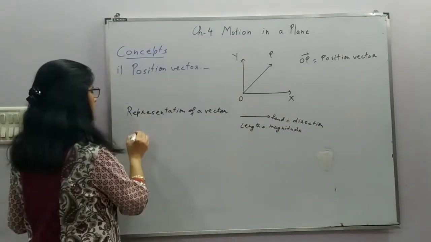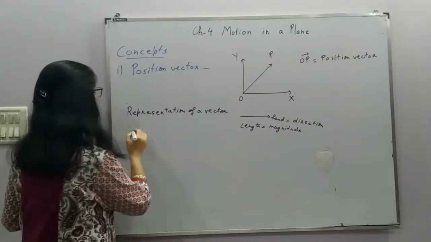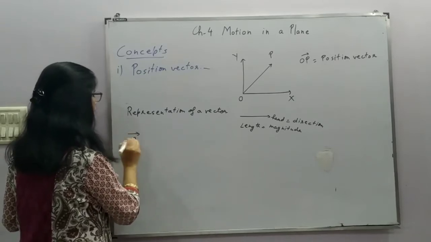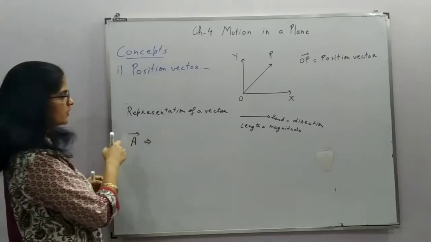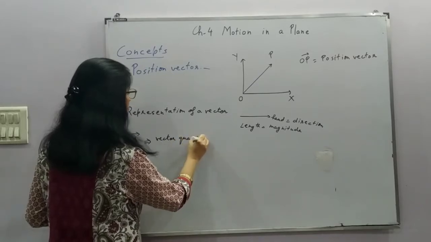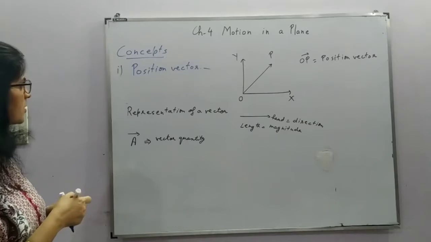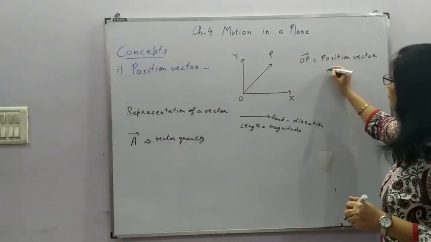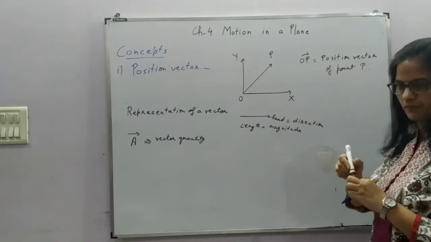And if we represent a vector physical quantity, we represent it by an arrow above that quantity. So a quantity represented with arrow above it is called a vector quantity, right? So this is about this representation. So that means here we can say that OP is the position vector of point P, right?